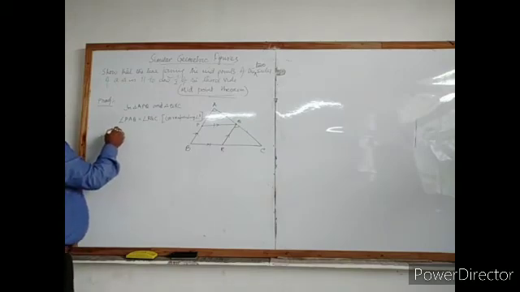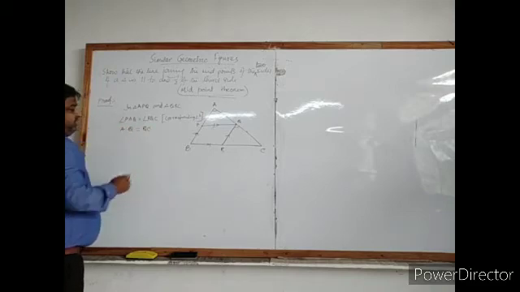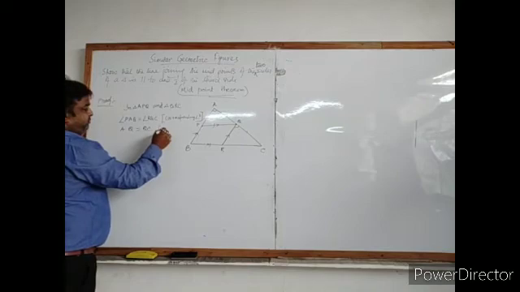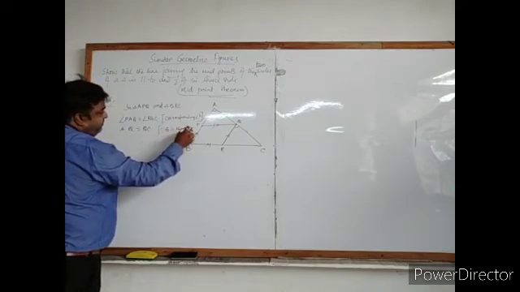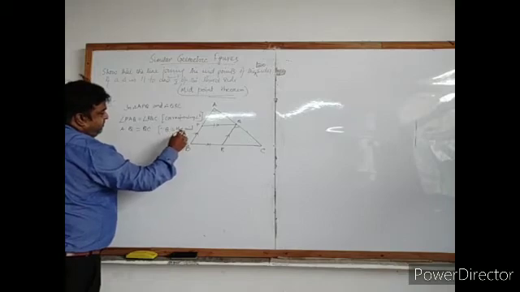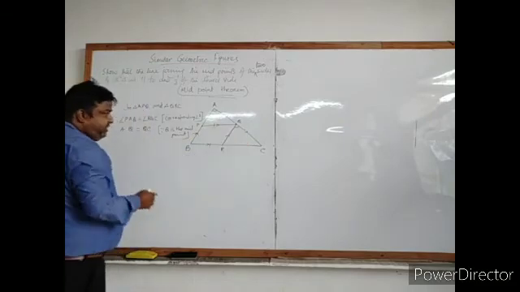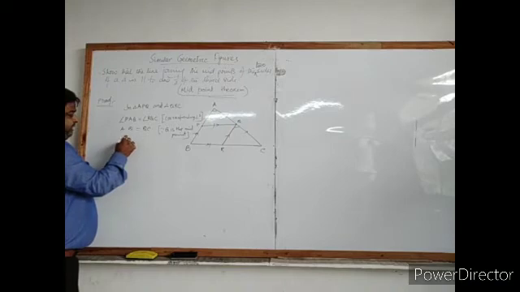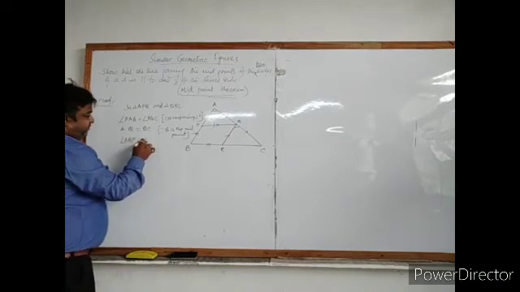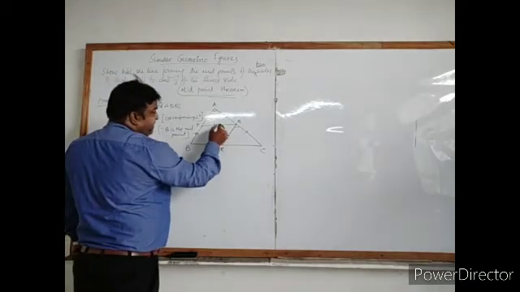Next, AQ equal to QC, since Q is the midpoint. So this one equal to this one. And third, angle AQP equal to angle QCR. This one also corresponding, because this line and this line are already shown parallel.